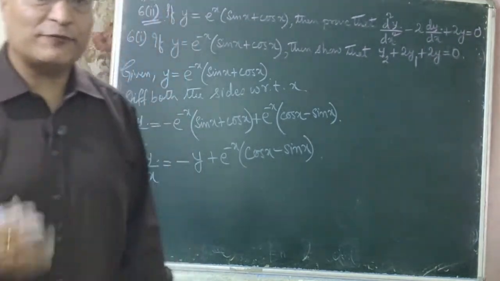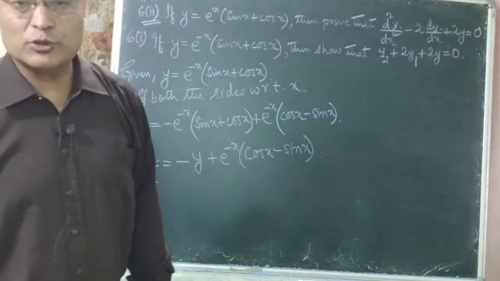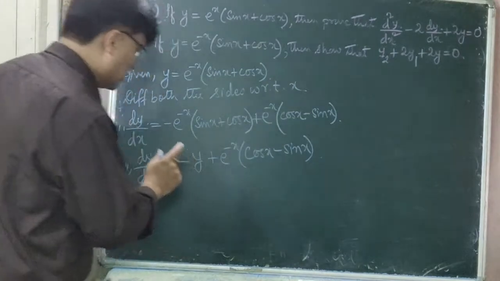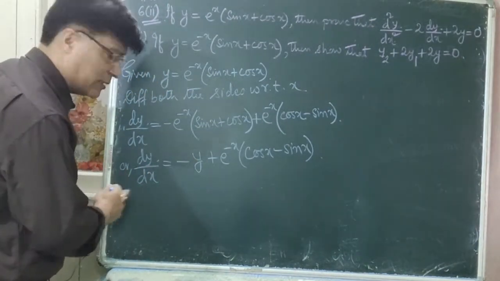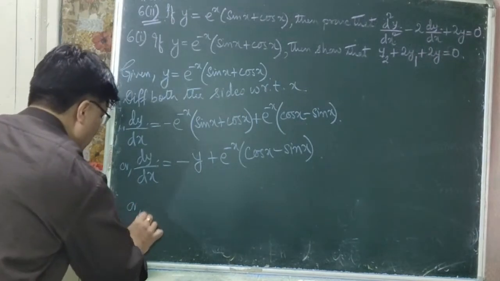So again you have to differentiate it to prove y2 plus 2y1 plus 2y is equal to 0. So before that, keep the terms containing y on the left hand side. Minus y, I mean, on the left side. So what do we get now?